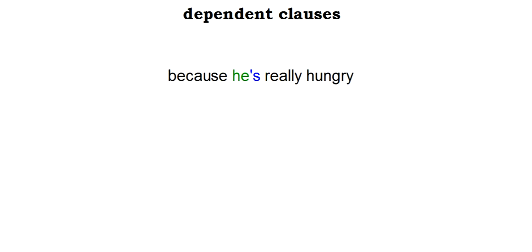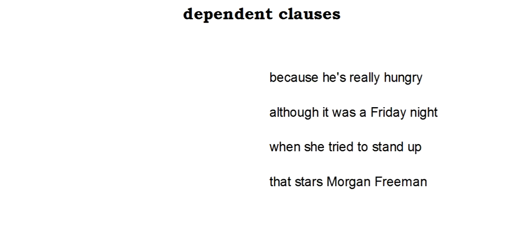You look at this and you realize it makes no sense at all without some sort of context. That's what makes it dependent. It requires another clause in order to make sense. So here are 4 examples of dependent clauses. They're not complete sentences. They need an independent clause in order to make sense.